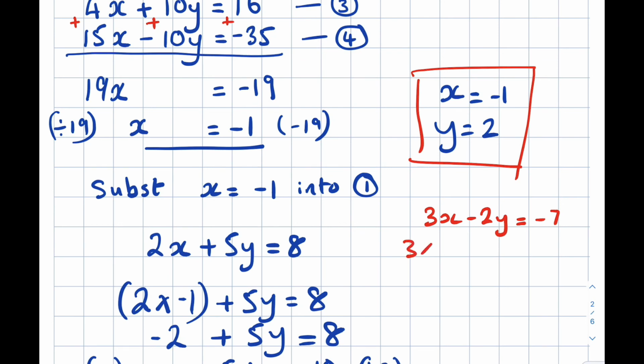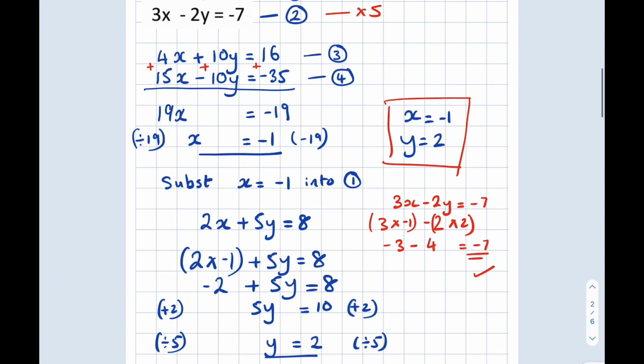So 3 times a negative 1 minus 2 times 2, does it give us a negative 7? So 3 times negative 1 is a negative 3. Take away from it 2 times 2, which is a 4. Negative 3, take away 4 does give negative 7. So it works nicely.